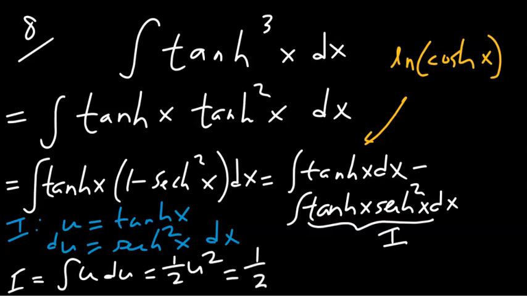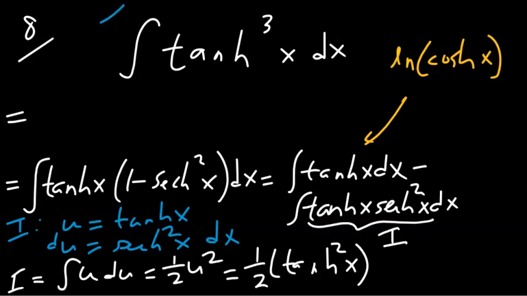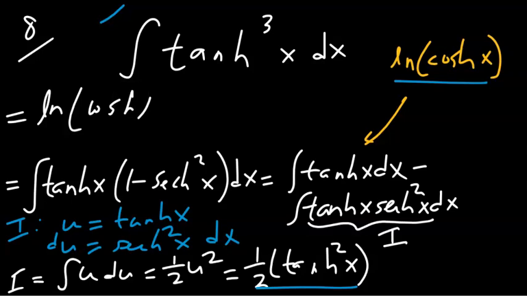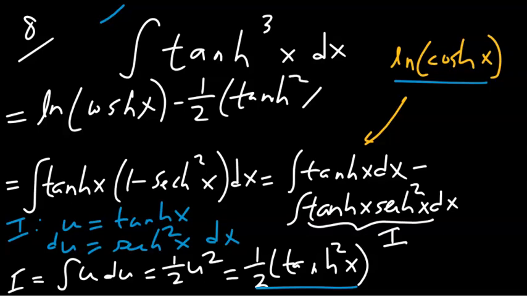Substituting the expression for u, you get half the square of hyperbolic tangent x. So the final answer to the original integral is this expression minus that plus an integration constant, which is natural log of hyperbolic cosine of x minus half the square of hyperbolic tangent of x plus an integration constant, let's call it d, and that solves the problem.